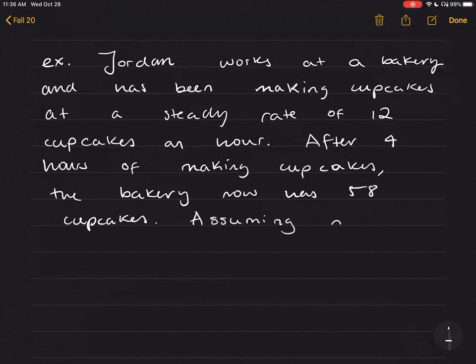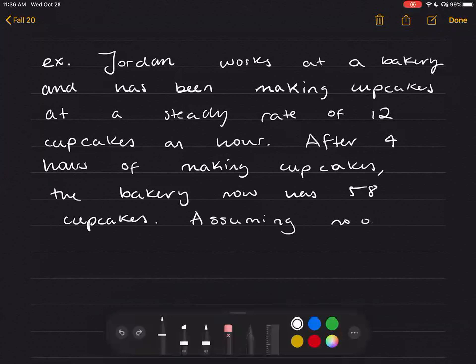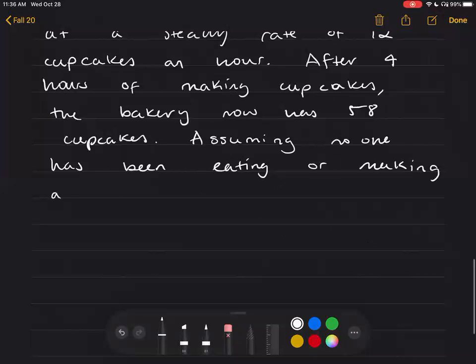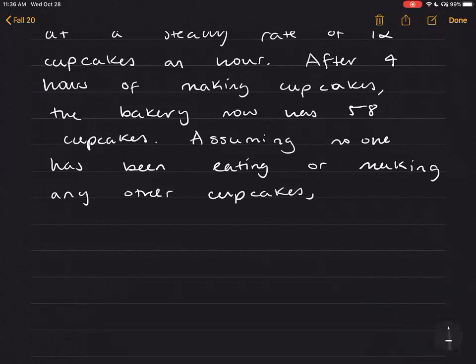Assuming no one has been eating or making any of the cupcakes. So it's just Jordan making cupcakes. Nobody's eating them. Nobody's making cupcakes with Jordan. It's just Jordan and cupcakes. We want to write a linear function.